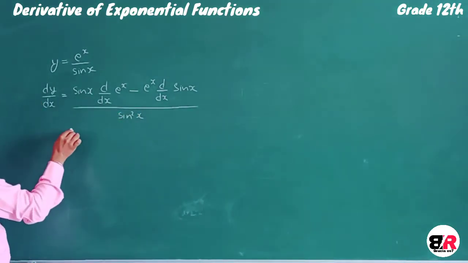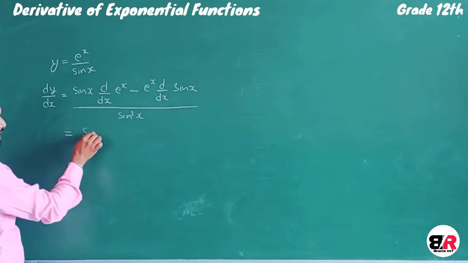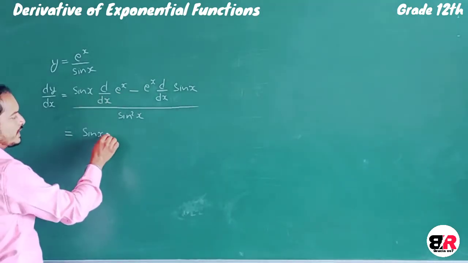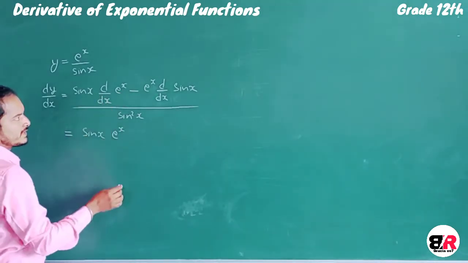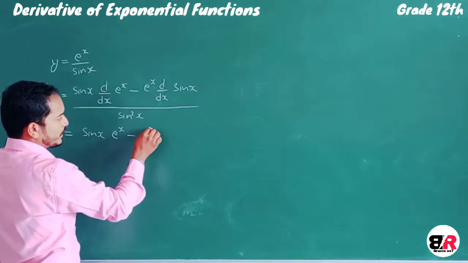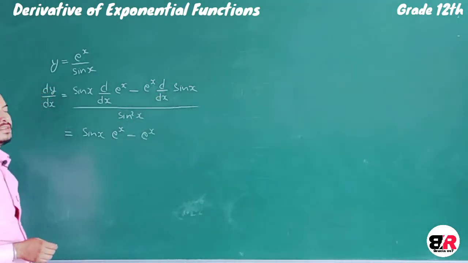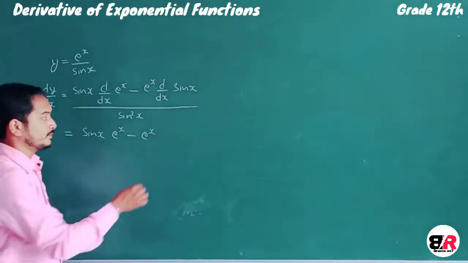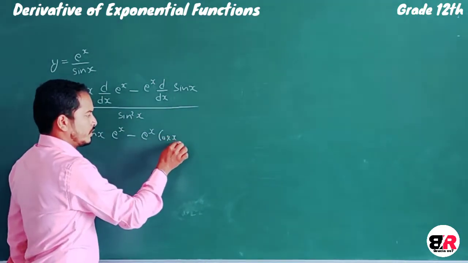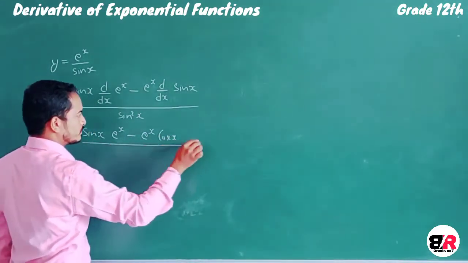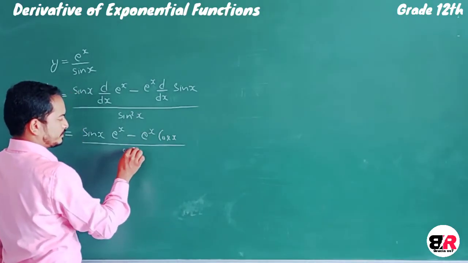Now solve it to find the required derivative: sin x, and we know that the derivative of e to the power x is e to the power x itself, minus e to the power x into the derivative of sin x. The derivative of sin x is cos x, whole upon sin square x.